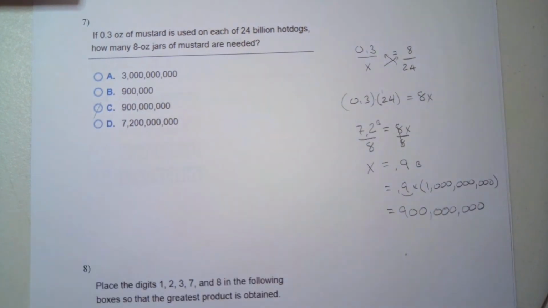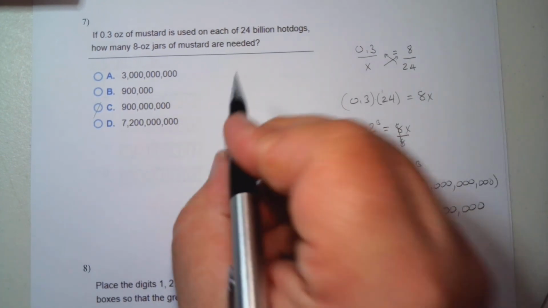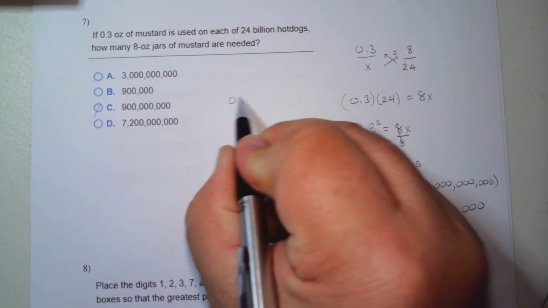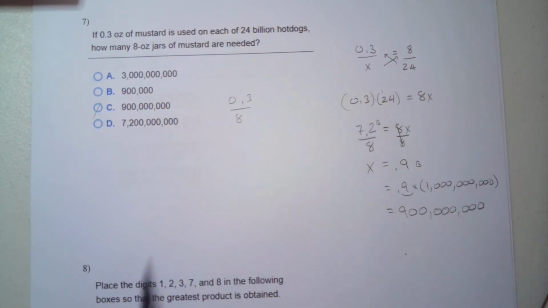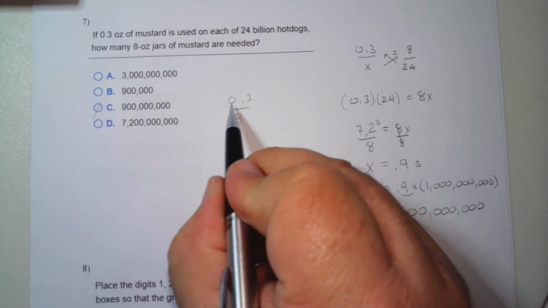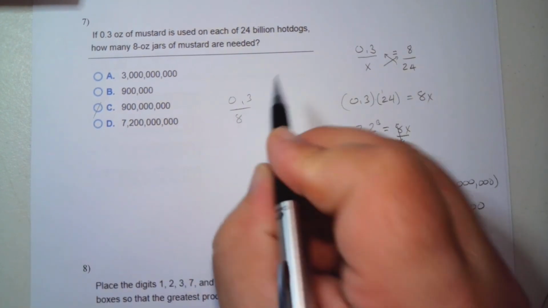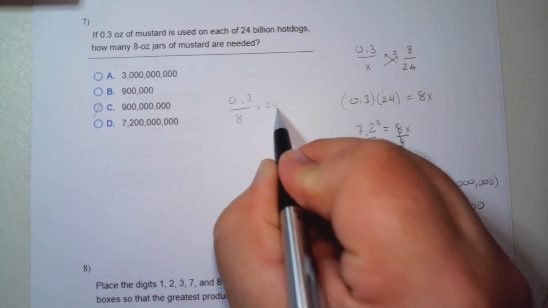It's C. So basically you have 0.3 divided by 8. This is for each of the hot dogs we have 8 ounces times 24 billion.